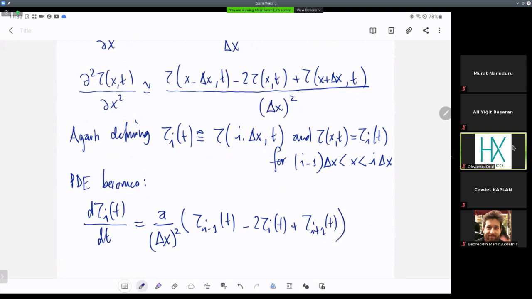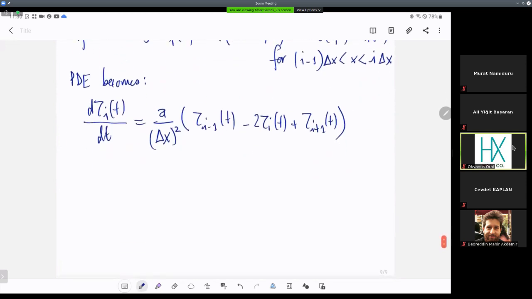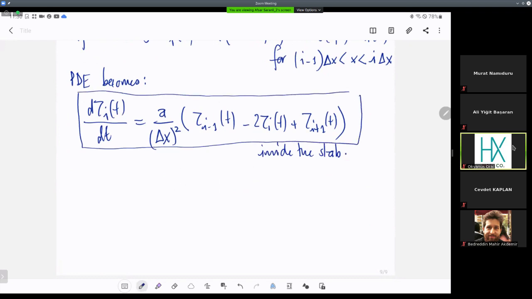So that is the approximation. This is inside the slab, so we have simply written the equation inside the slab. Now here A obviously is given by lambda over rho Cp.